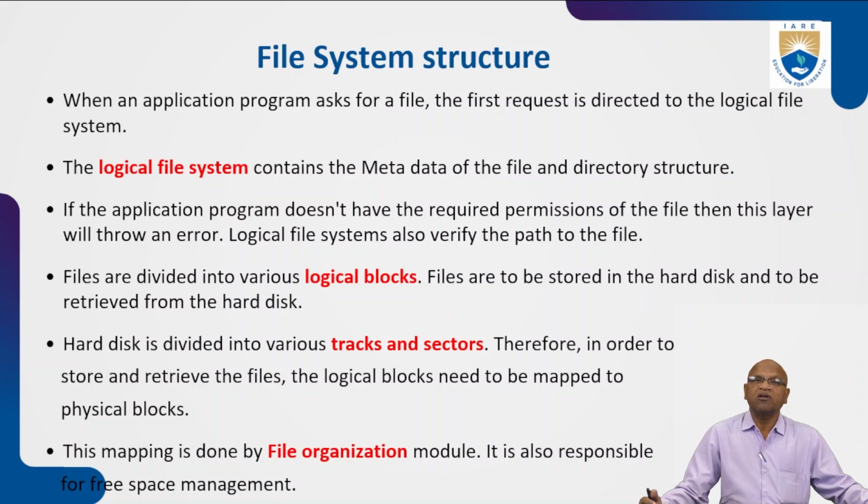If the application program doesn't have the required permissions for the file, then the layer will throw an error. The logical file system also verifies the path to the file. As we have seen, the programs related to file system management are layered one on top of another and interlinked to each other in the OS. The logical file system contains the metadata of the file and the directory structure.